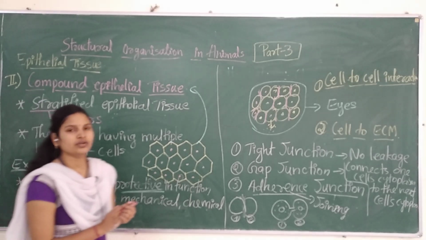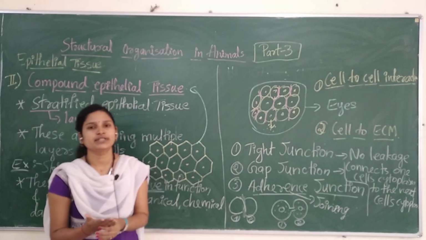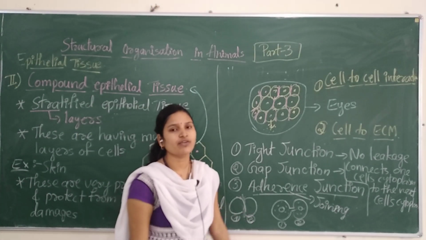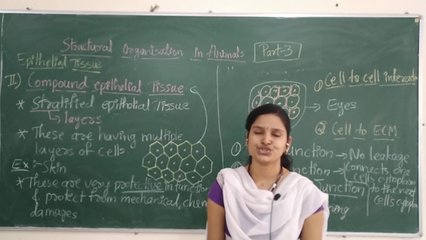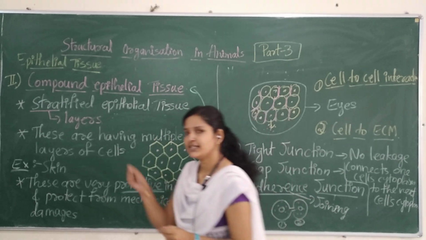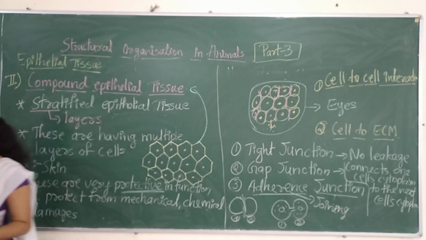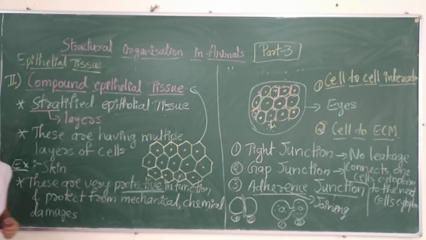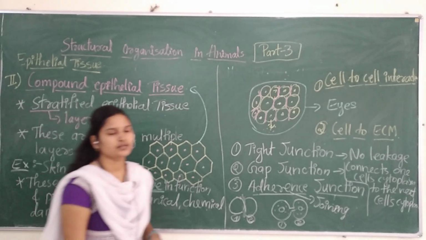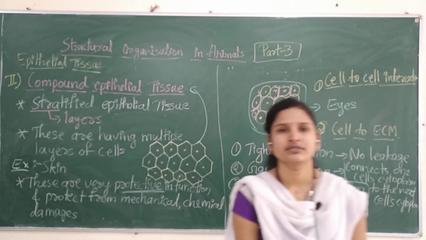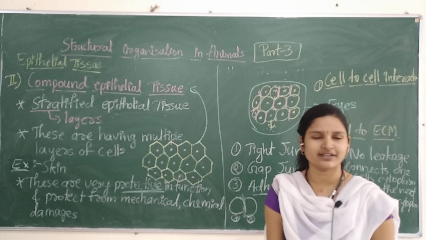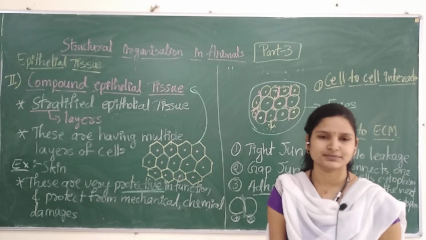Okay, so shall we revise everything about epithelium? With this we have completed the epithelial tissue. Shall I write that flow chart so that you will not get confused? Shall we revise, or it's okay, you have understood everything?